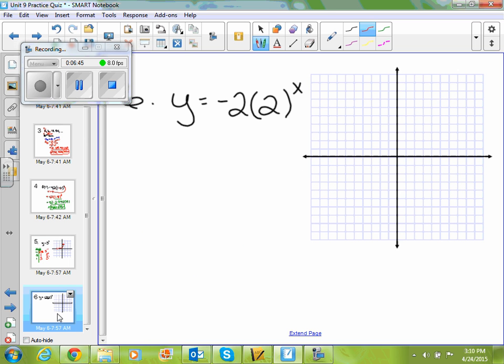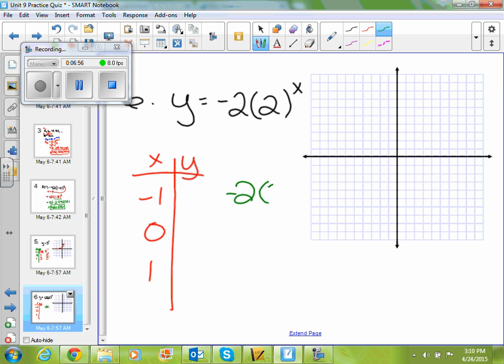Number 6, y equals negative 2 times 2 to the x. So again, we're going to make a table of values. That's what you do when you graph. So negative 1, 0, and 1. Negative 2 times 2 to the negative 1. 2 to the negative 1 is 0.5. 0.5 times negative 2 is negative 1. If I plug in 0, negative 2 times 2 to the 0. 2 to the 0 is 1. 1 times negative 2 is negative 2.